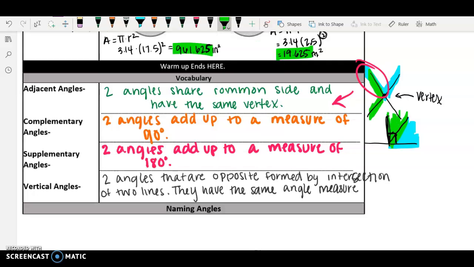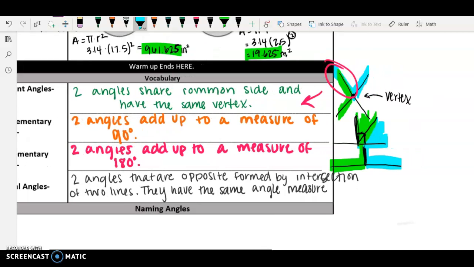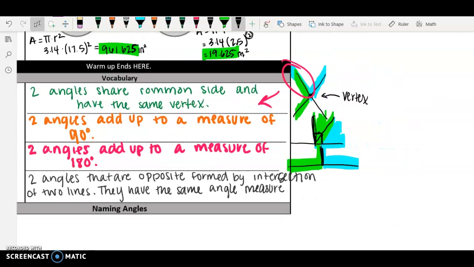And so those 2 angles are complementary angles. Supplementary angles are when they add up to be 180 degrees. So it could look something like this, where this angle in green and this angle in blue add up to be a straight line. So from here to here, and then from here to here ends up being 180 degrees.